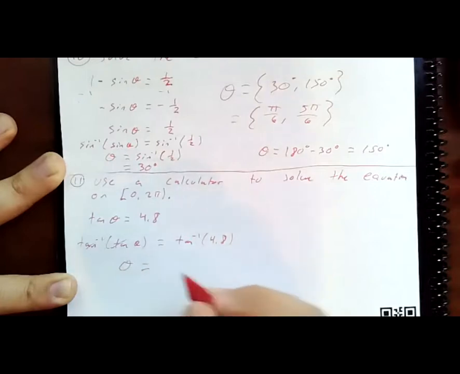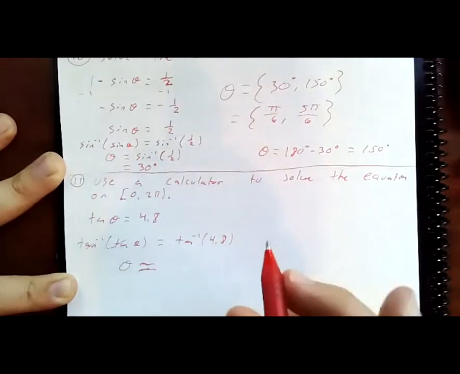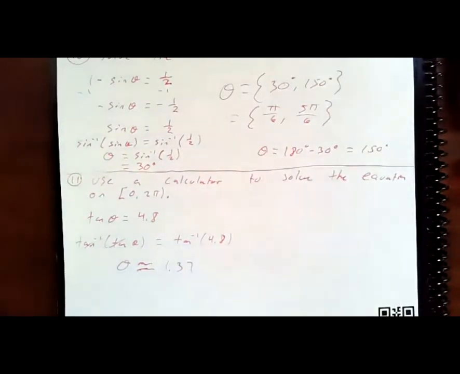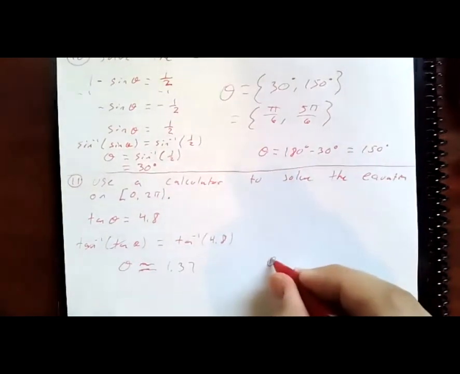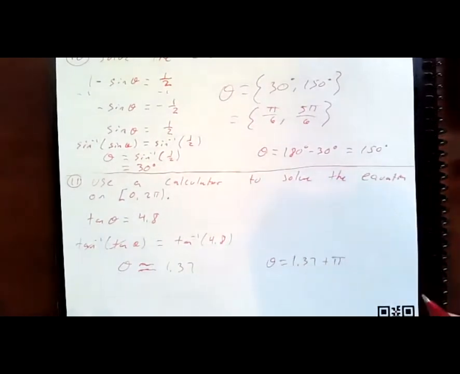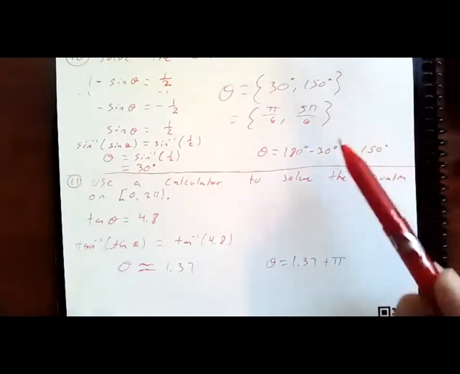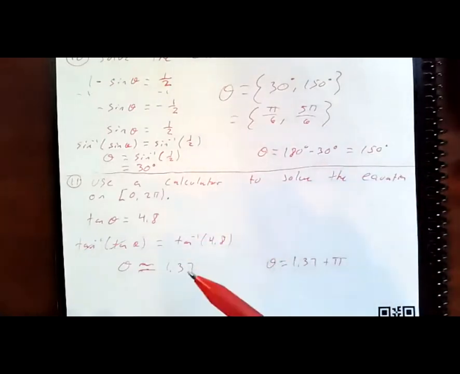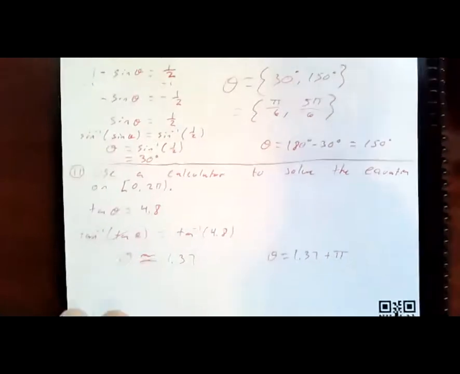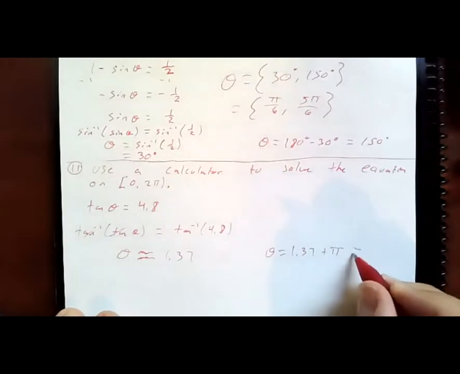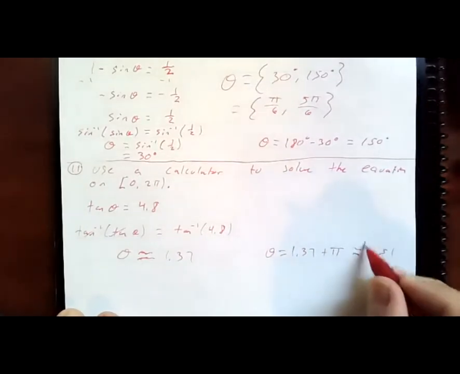So theta would be approximately, the calculator would give us 1.37. But if you're doing tangent, to find the other one, you'd have to do 1.37 plus pi. Instead of 180 minus that, tangent is a little different because the domain and range is different. The period is different. So that would be approximately 4.51. So you have these two answers.